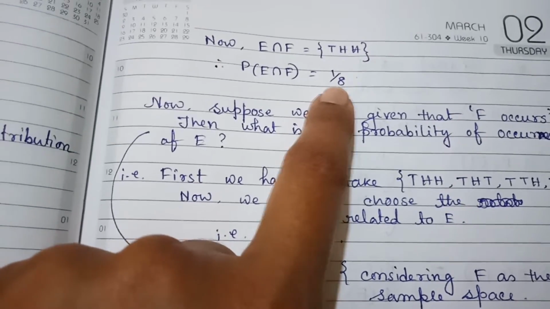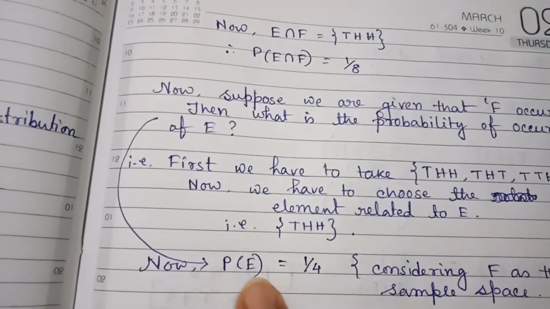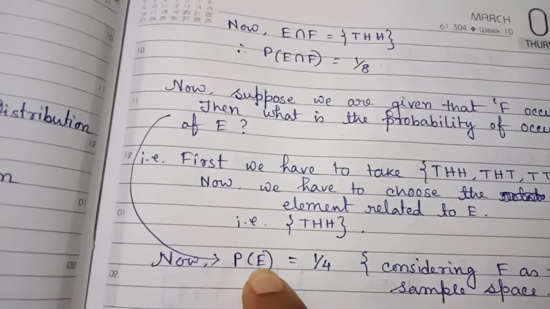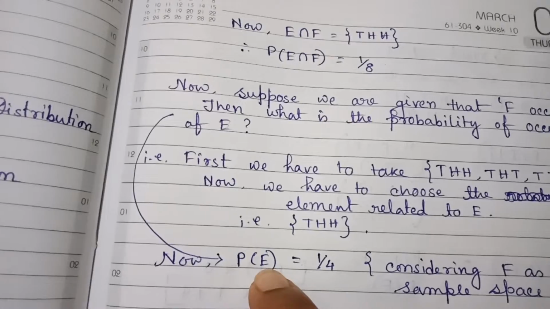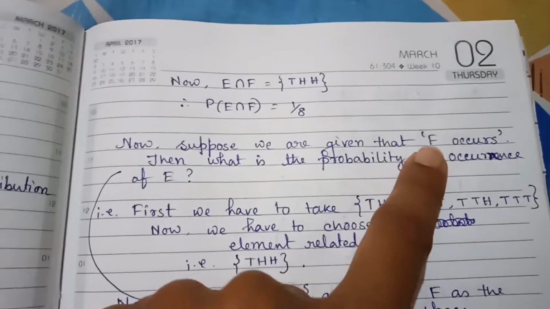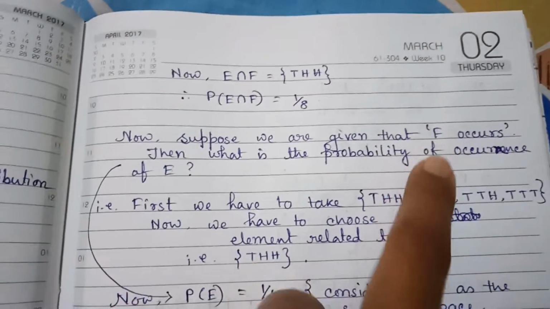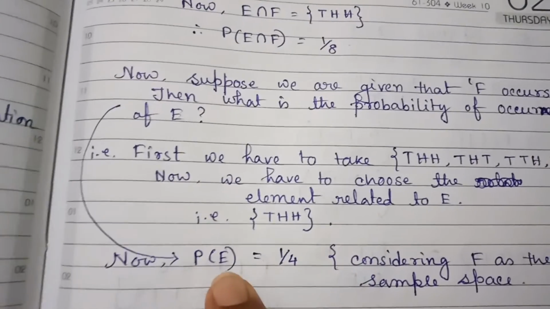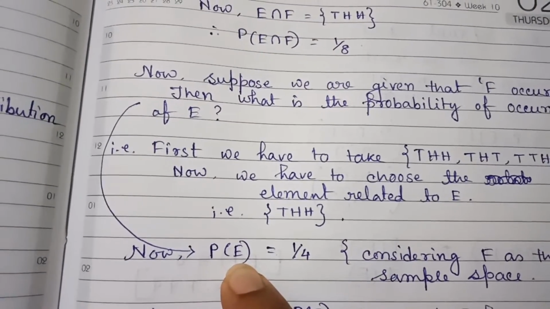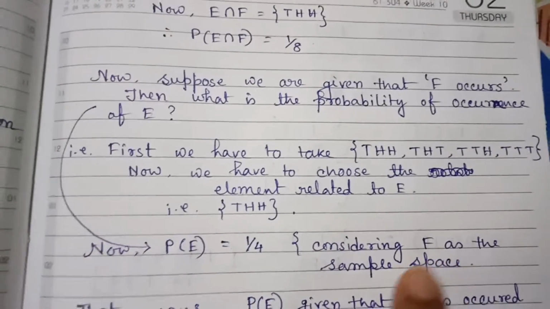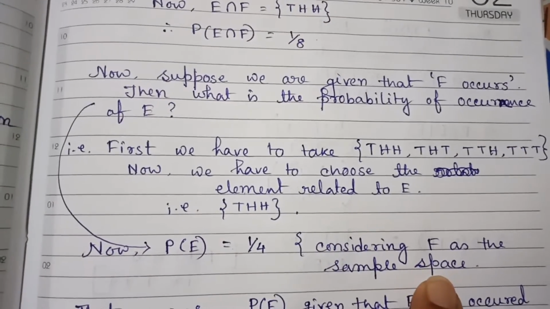But this is not a normal event that we are taking. This event E is taken after F's occurrence. That's why for this particular event, F will be the sample space.